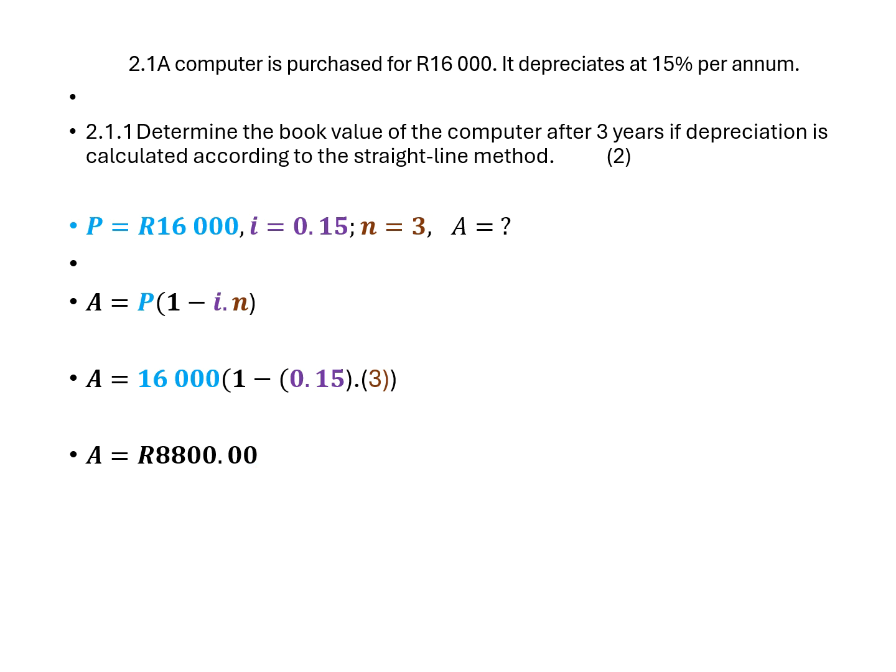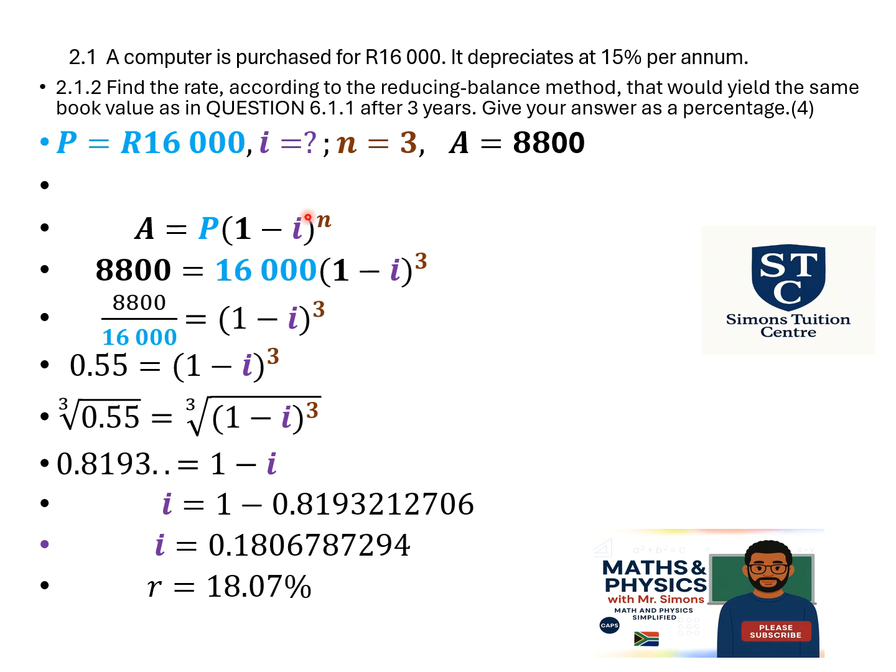Now 2.1.2. The same computer, find the rate according to the reducing balance method that would yield the same book value as in question 2.1.1 after 3 years. Give your answer as a percentage. So my present value is 16,000.